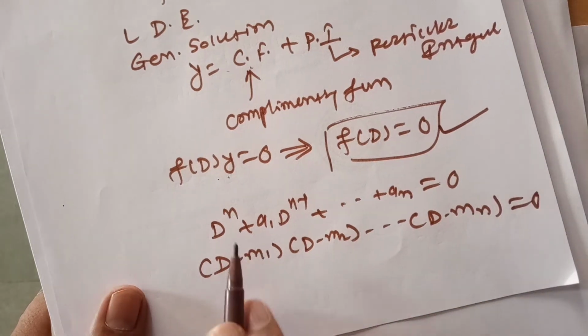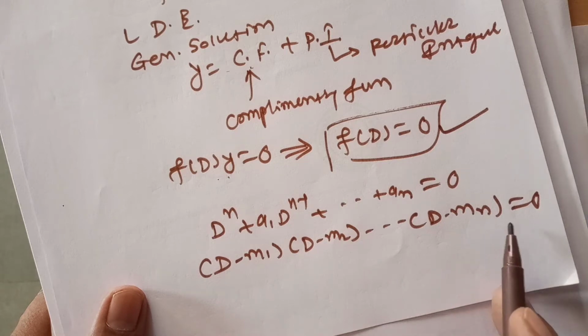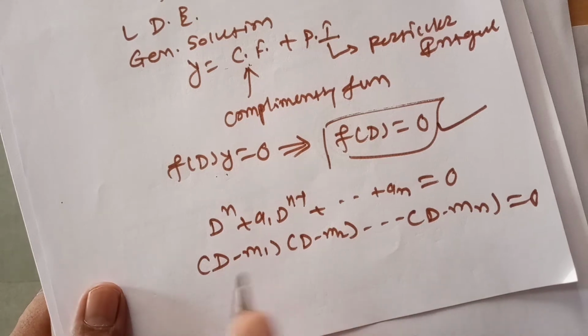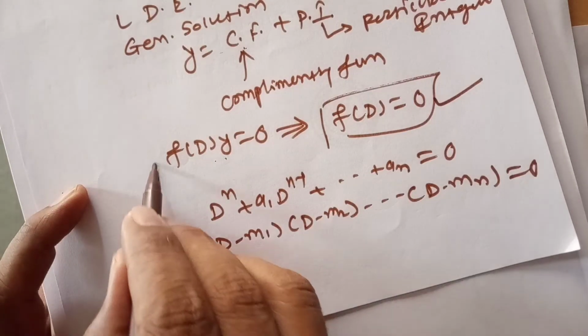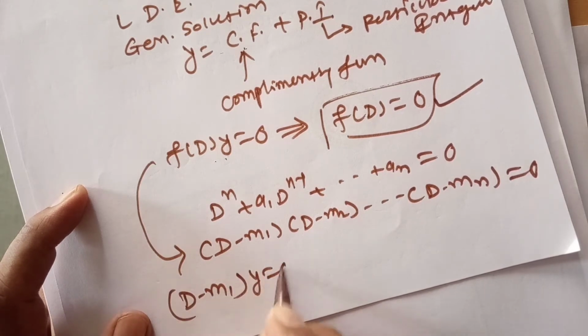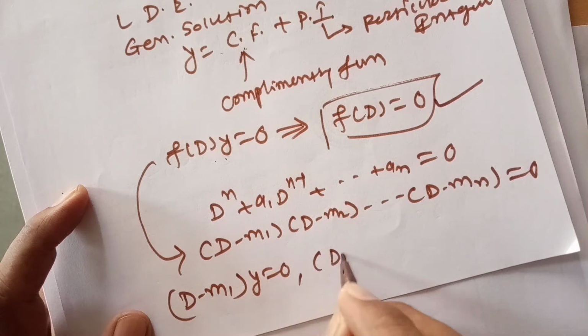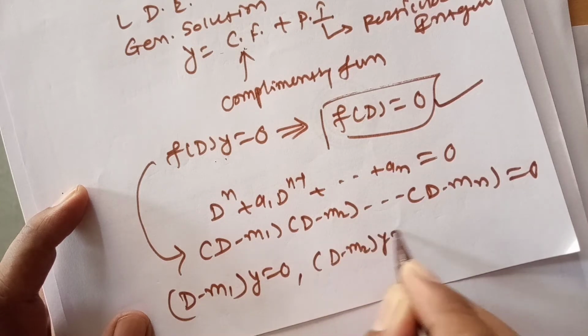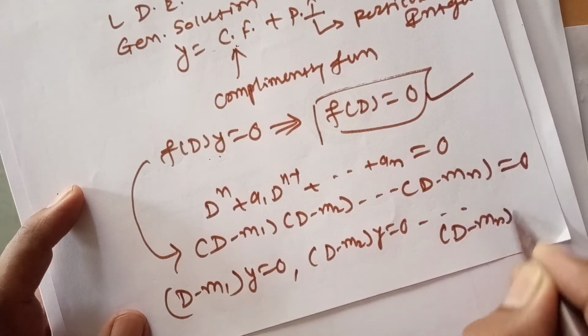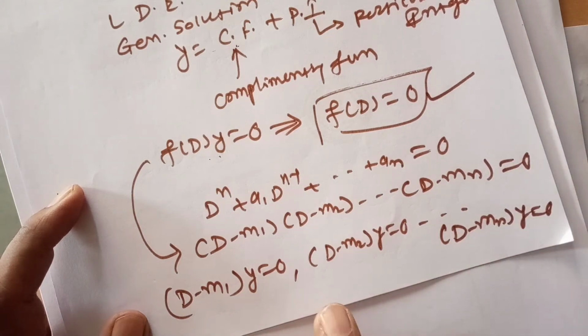Because this is a polynomial of degree n, it has n roots. That means the solution I can write in this way: (D - m1) y = 0, (D - m2) y = 0, and so on, (D - mn) y = 0.